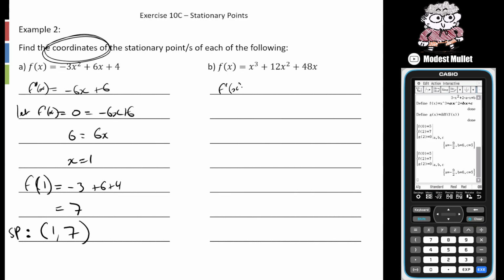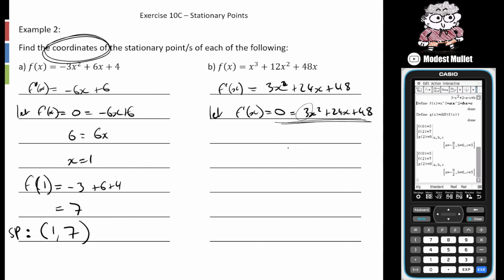Okay, same again. f dash of x is equal to 3x squared plus 24x plus 48. We're going to let f dash of x equal to 0. So 0 is equal to 3x squared plus 24x plus 48. Okay, so straight away we should be seeing we've got a quadratic equal to 0, so we should be going through our factorization flowchart.